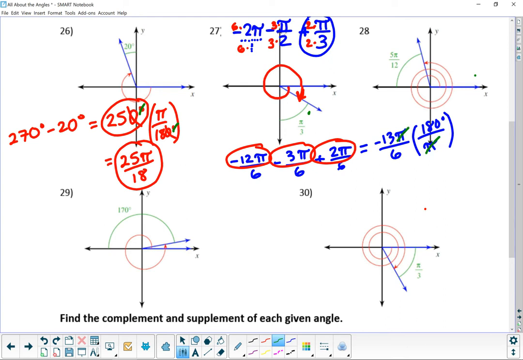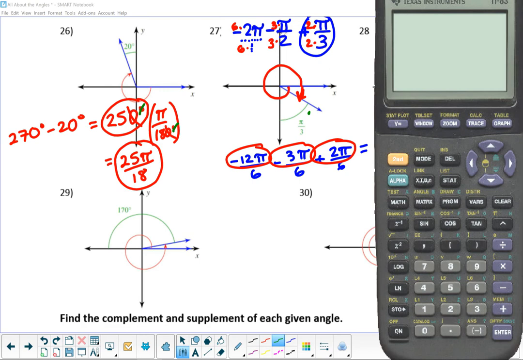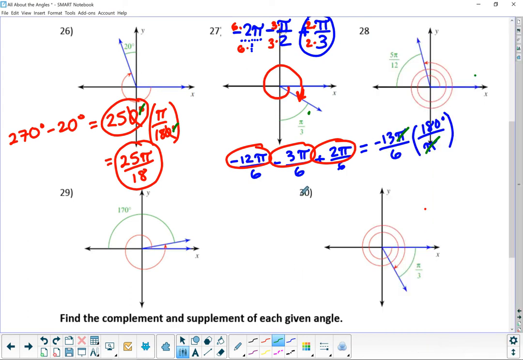Again, I'm going to use my calculator. I'm going to multiply negative 13 by 180 and then divide it by 6. So, parentheses, negative 13 times 180. Close that parentheses because I want that to be worked out together, and then divide it by 6 afterwards. And that gives me negative 390 degrees.